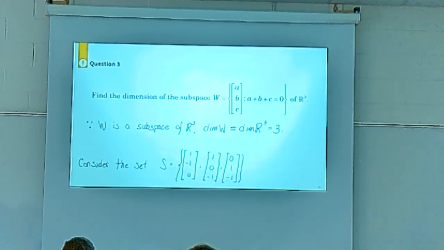Probably the easiest 3 vectors to see that are in W. And I'm also going to specify that clearly this set is contained in W. Right, because that's important. You can't have vectors outside of W to form a basis of W. So clearly that set of vectors is contained in W.